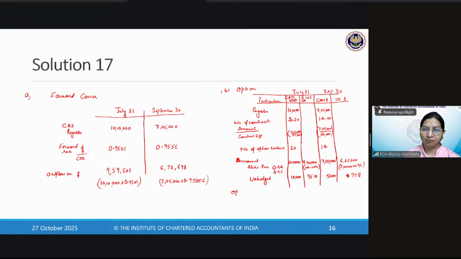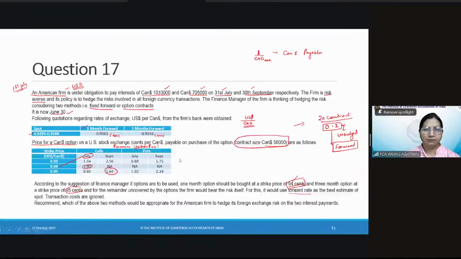Now, one more thing is left. We have to pay the option fee. Okay. Regarding the option premium, there's one aspect I would like to discuss here. We are saying that we are going to make the payment for Canadian dollars after 1 month, and for these Canadian dollars, 7,05,000, after 3 months.